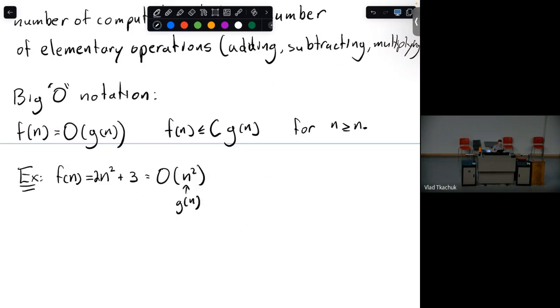Why? Because f of n, 2n squared plus 3, is less than or equal to, let's say, 3n squared. That's our constant c. This holds if n is greater than or equal to some n naught, I'm sure after 2. If I plug in 2, I get 2 times 4 plus 3, and that should be less than 3 times 4. That is the case because this is 11 and this is 12. So after 2, it becomes larger.